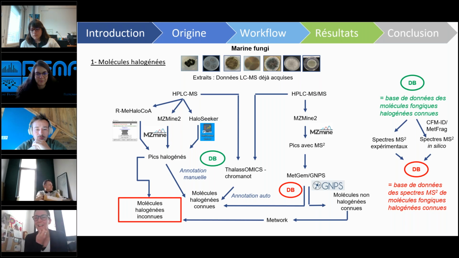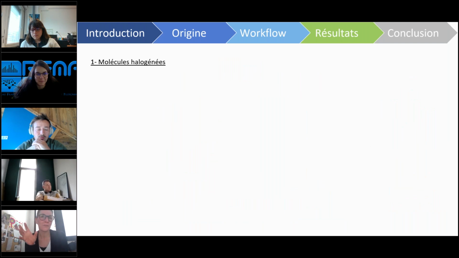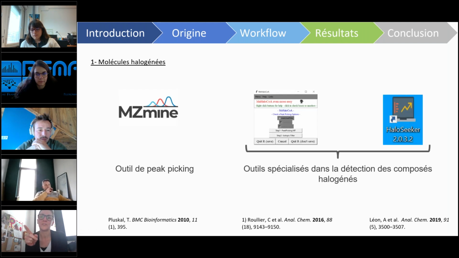Yes, thank you. So this is the workflow and the different things we can use to highlight those compounds. So far, we've only used the first three tools that are more dedicated to HPLC MS data, so without the fragmentation. But still, that was work made by a master student last year. The two, Mialoqua and HaloSeeker, are quite close, and the idea is that they're really specific to the detection of halogenated compounds.